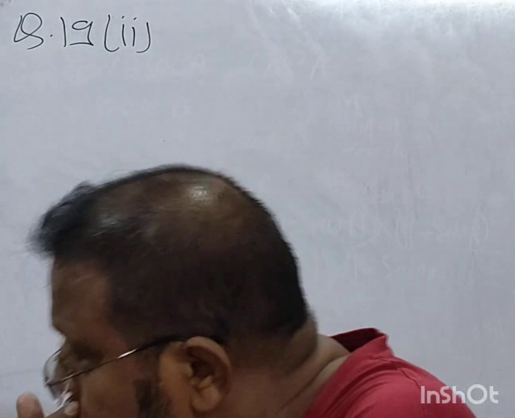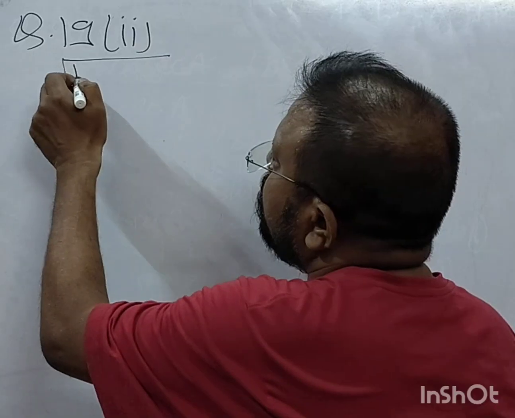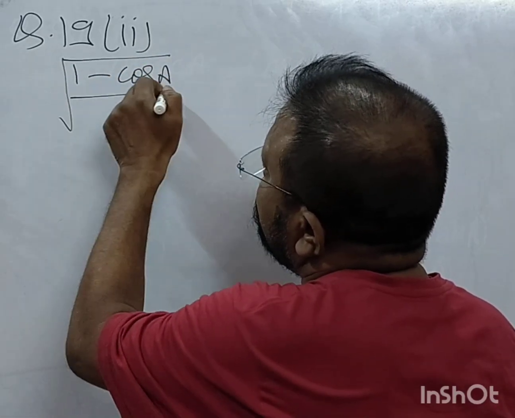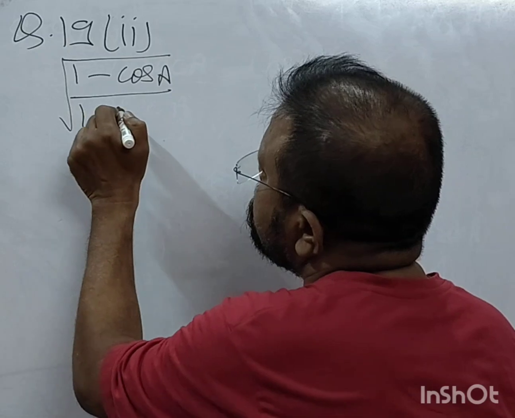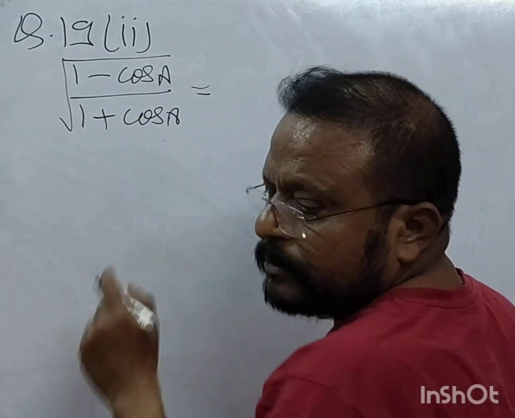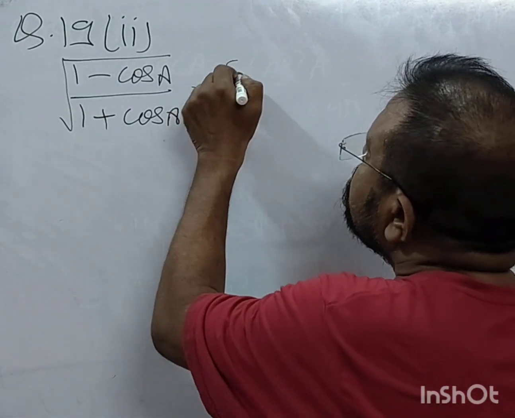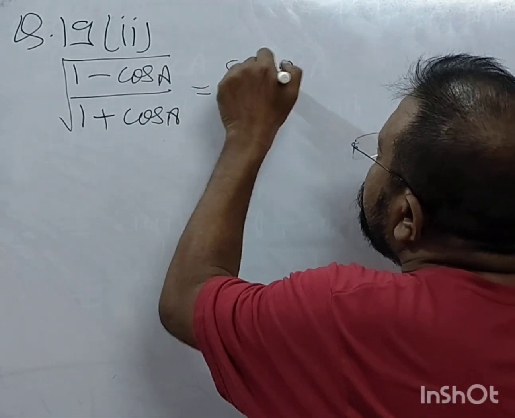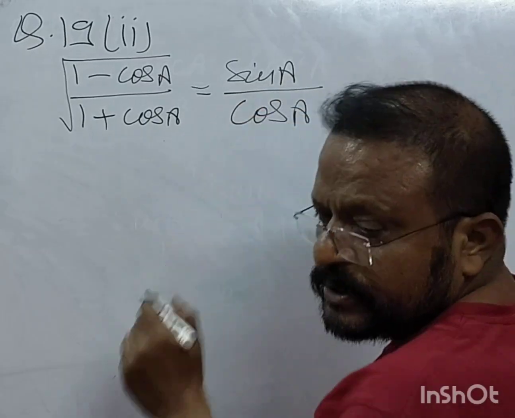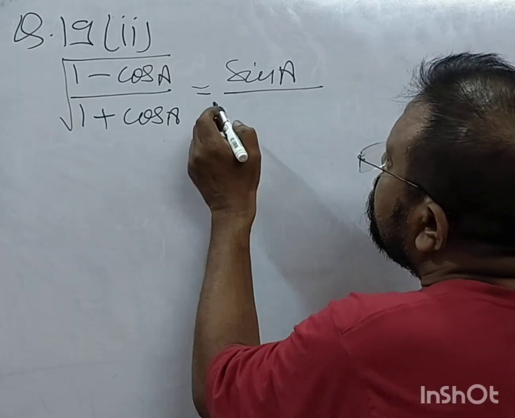Root over (1 minus cos A) upon (1 plus cos A) is equal to sin A upon (1 plus cos A).